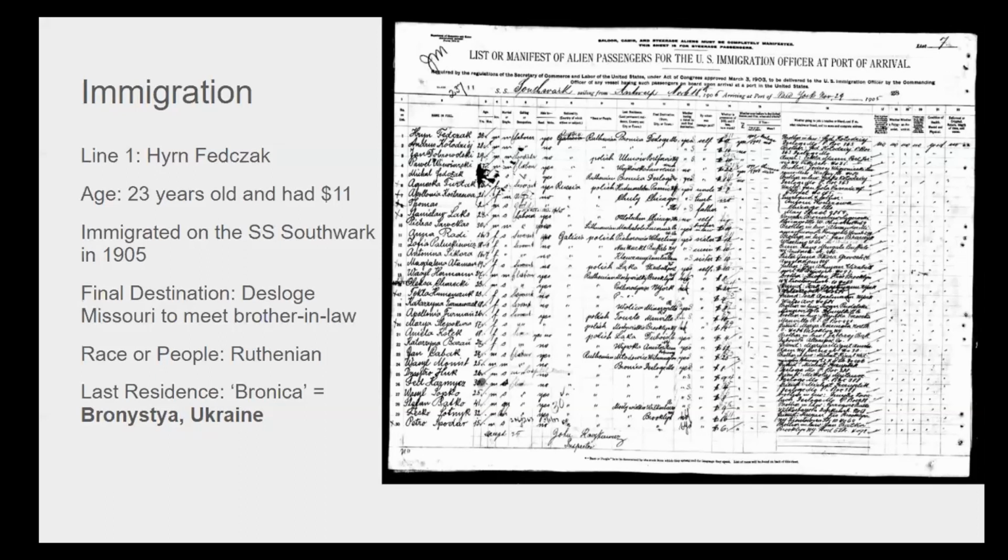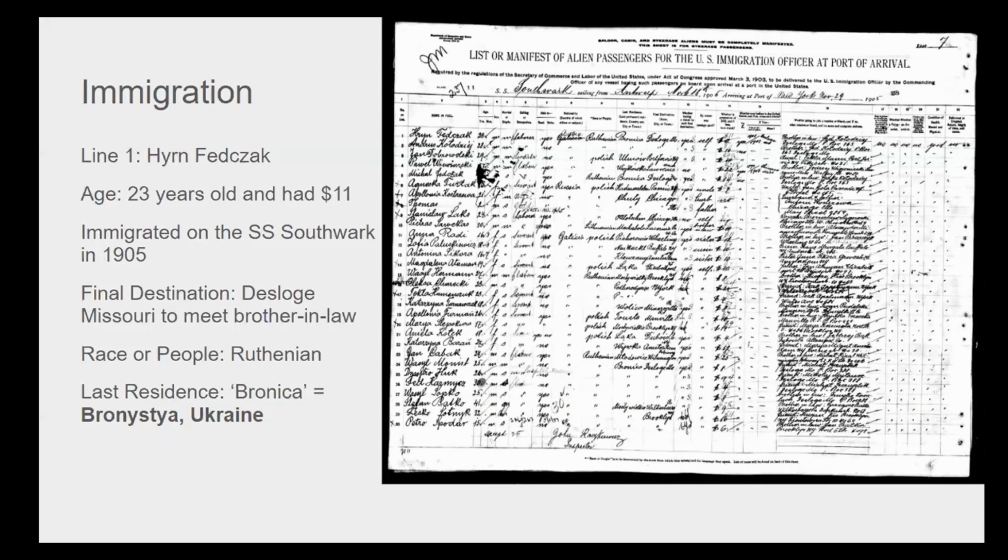He had $11, and this passenger list includes a question asking whether the individual had spent time in the United States previously, and he said that he had been in the country previously in 1902 and 1903. So this record gives me a clue there that I might go back and look for another passenger record for him around that time, and that might provide me with more information.